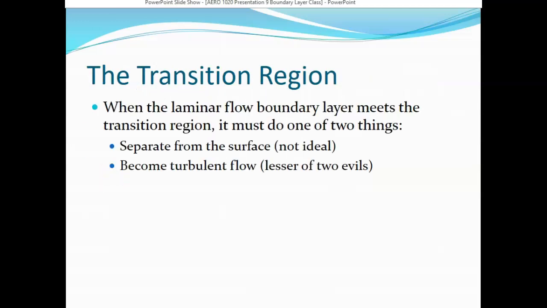When the laminar flow boundary layer gets to the transition region, the flow of air can do one of two things. It can either separate from the surface of the wing, which we really don't want to happen because when the flow of air separates from the surface of the wing, we lose lift. The second thing that can happen is it can become turbulent, and turbulent flow is really the lesser of the two evils.